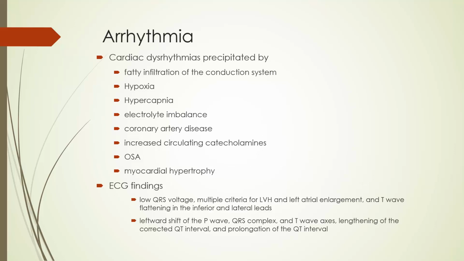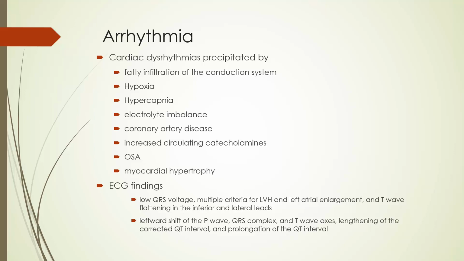Cardiac dysrhythmia may be precipitated by fatty infiltration of the conducting system, hypoxia, hypercapnia, electrolyte imbalance, coronary artery disease, increased circulating catecholamines, sleep apnea, and myocardial hypertrophy. Frequent ECG findings seen in the obese patients include low QRS voltage, multiple criteria for LV hypertrophy, and left atrial enlargement.